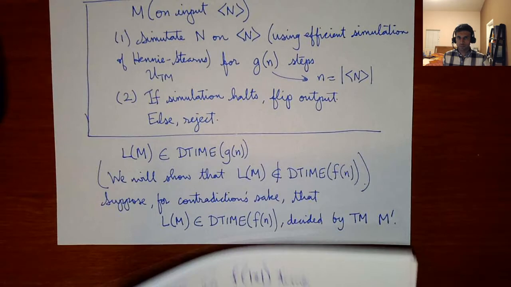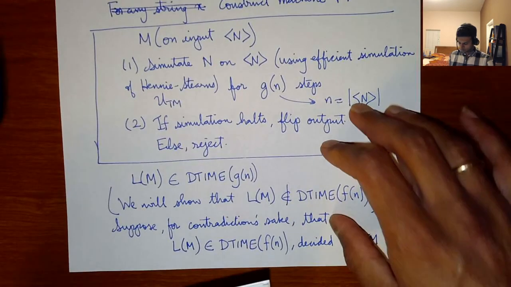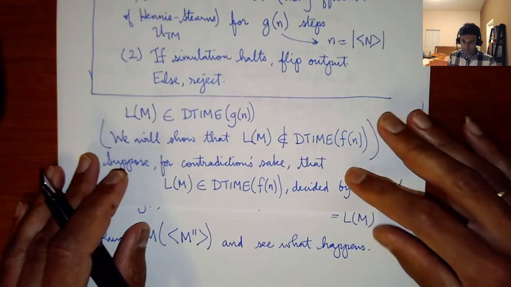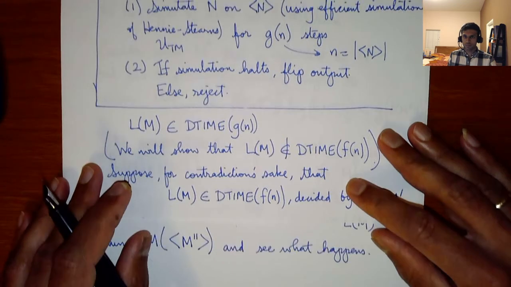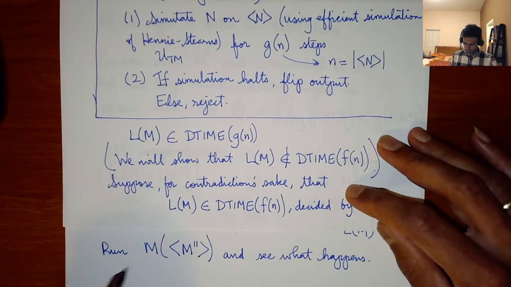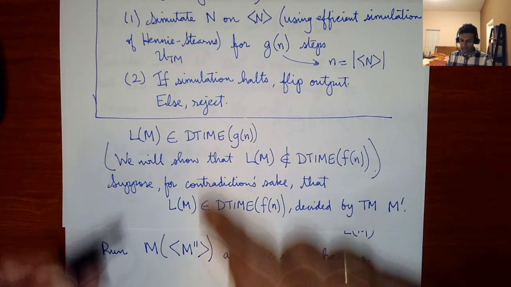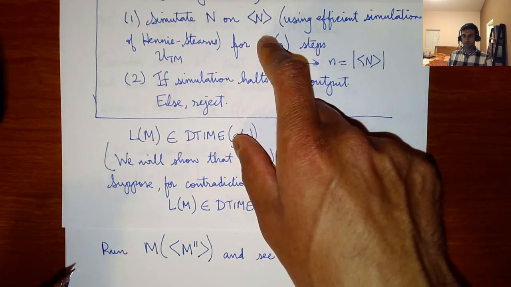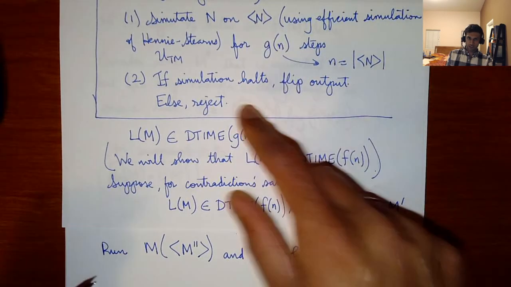Remember, this is M. So this is going to simulate M double prime on itself for these many steps.